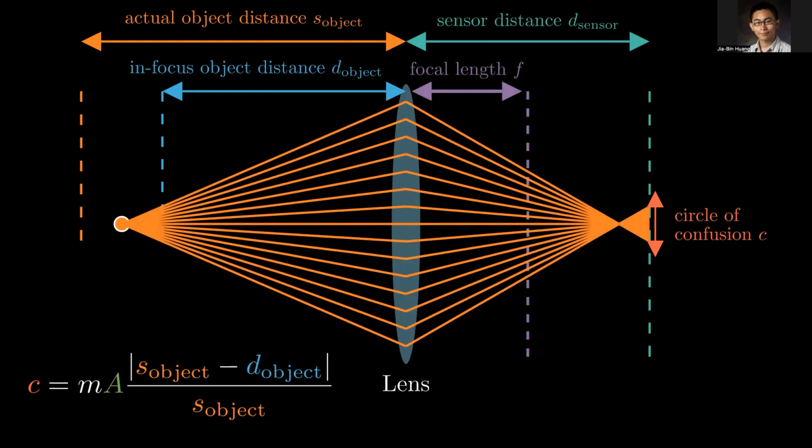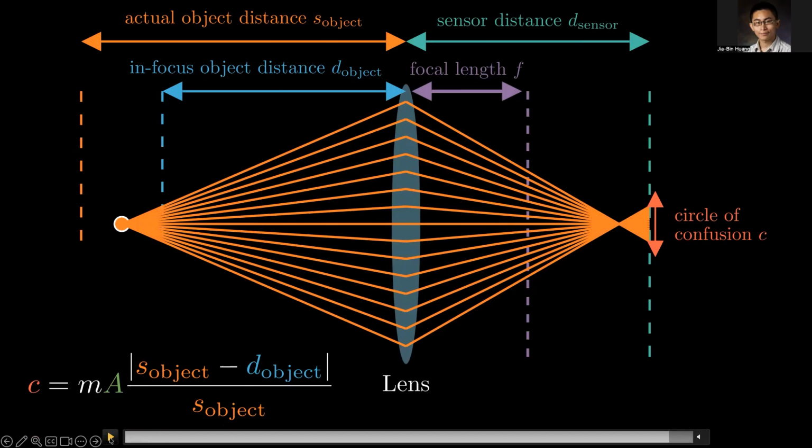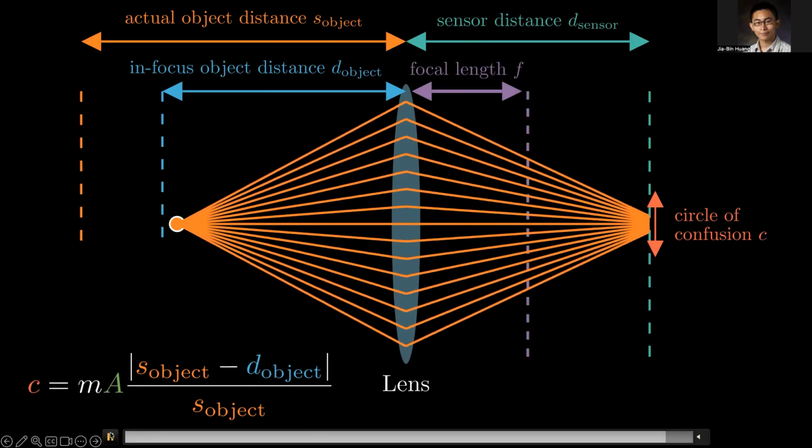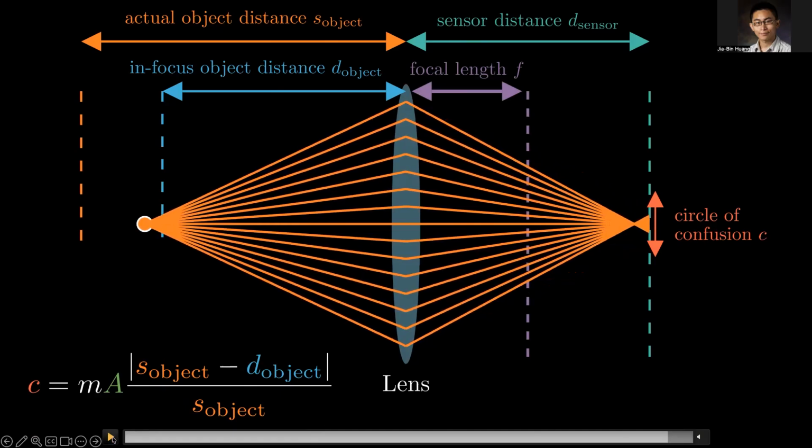So here this is what we do. Okay, so you can see that in this case, this aperture is very large. When the aperture is very large, your depth of field is very shallow.